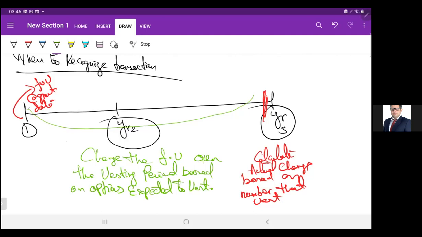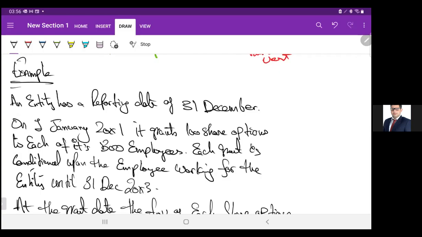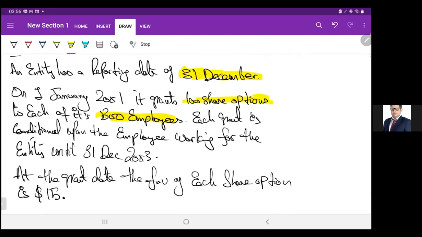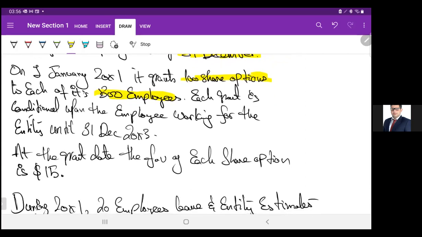Now, let us do one example before we move further. An entity has a reporting date of 31st December. On 1st January 2000 it grants 100 share options to each of its 500 employees. Each grant is conditional upon the employee working for the entity until 31st December 2003. At the grant date, the fair value of each share option is $15.